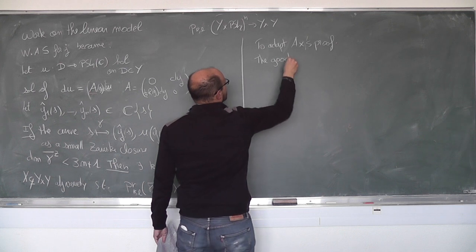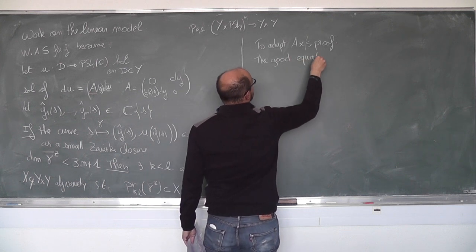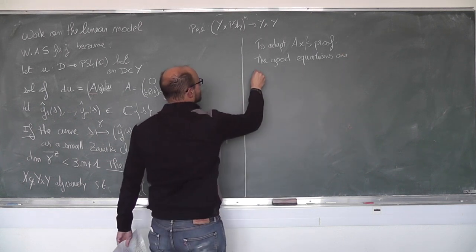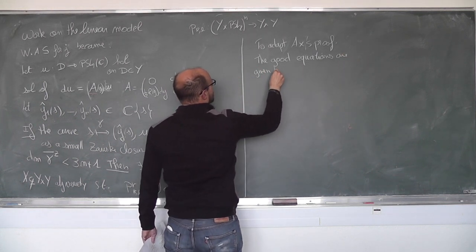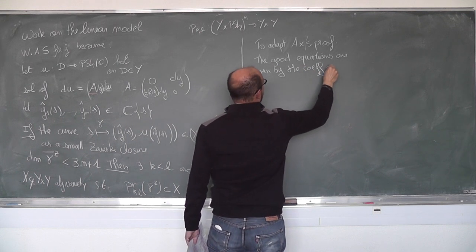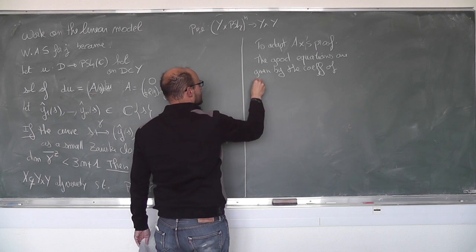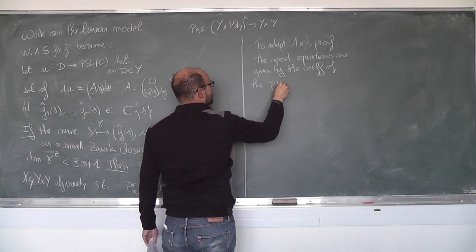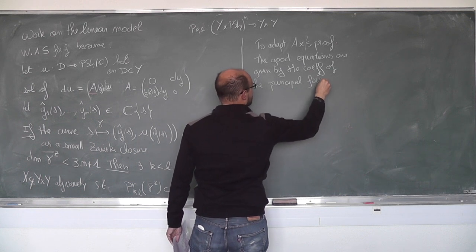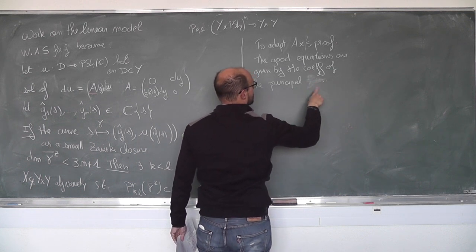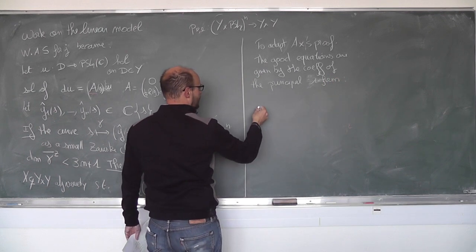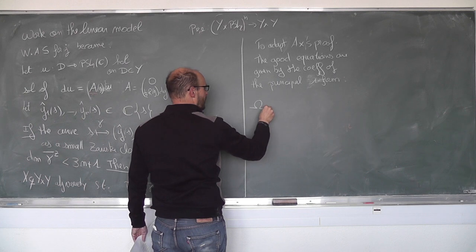So the good way to write the good equation is given by the coefficients of the following one form, that we call the principal form of the equation, the principal one form, which is big omega.